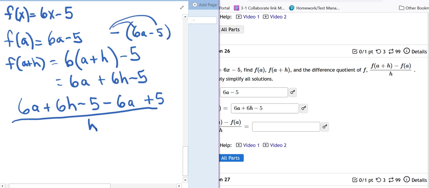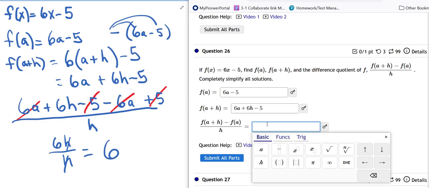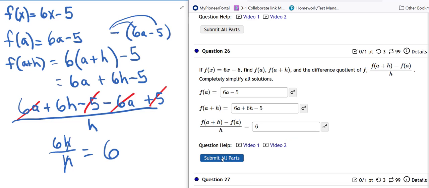And then we will simplify. So let's get a different color. Our 6a and minus 6a are going to cancel. Our minus 5 and plus 5 are going to cancel. So we are left with 6h over h. And the h cancels, so this simplifies to 6. So you mainly just have to watch when you're plugging these in. This is a real key step when you have to distribute that minus.